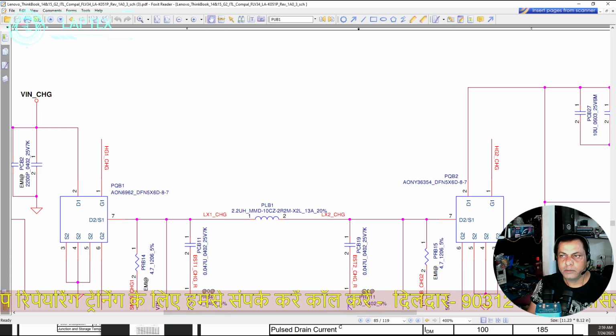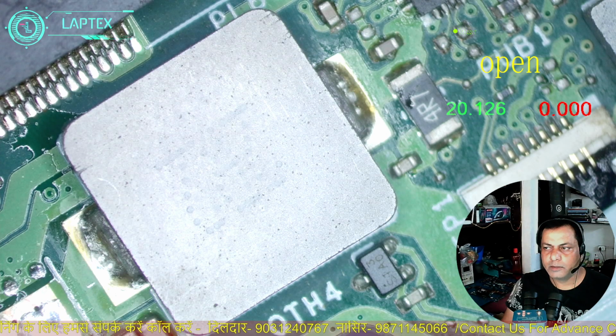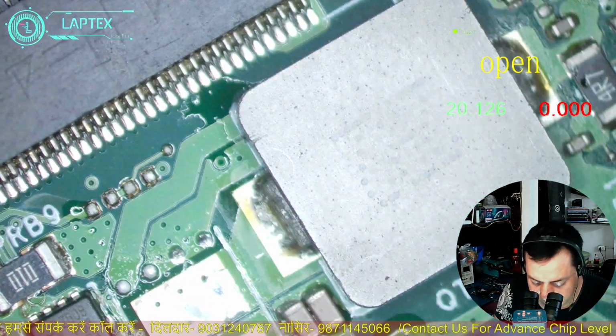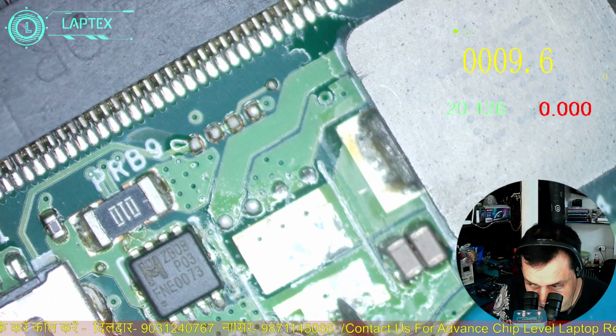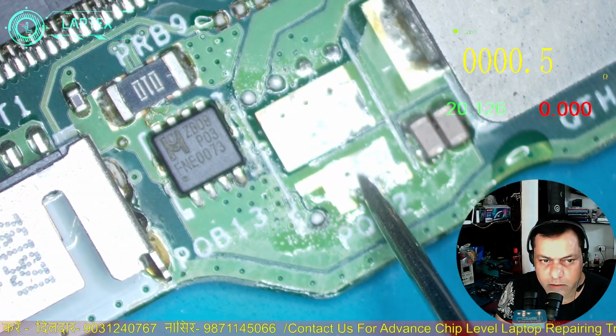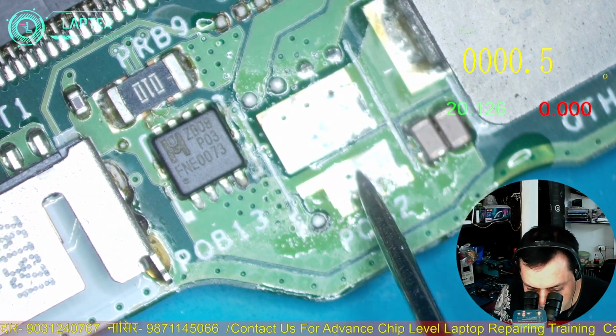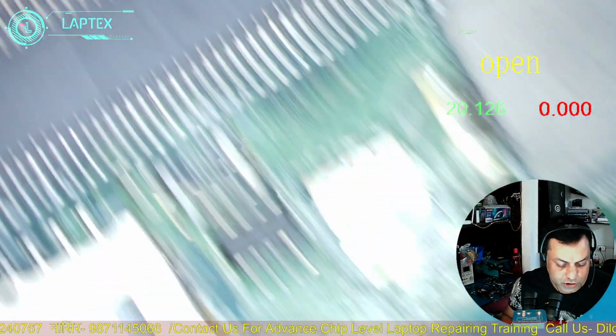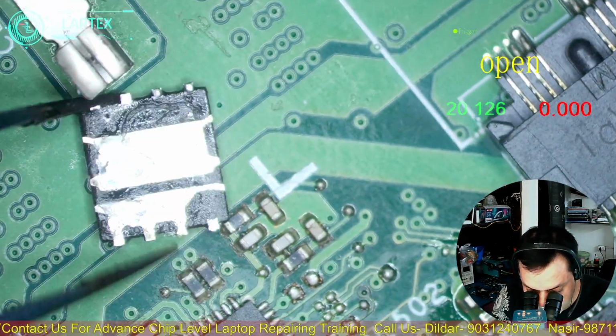After PQB2, my drain is pin number 2. Always remember, my drain is on pin number 2. So on the MOSFET which I have removed, this should not be ground. If it is ground, it means there is something on the motherboard which is short. So I have to keep it aside, because I have removed it. I thought most of the time this is the common problem, the MOSFET is short.